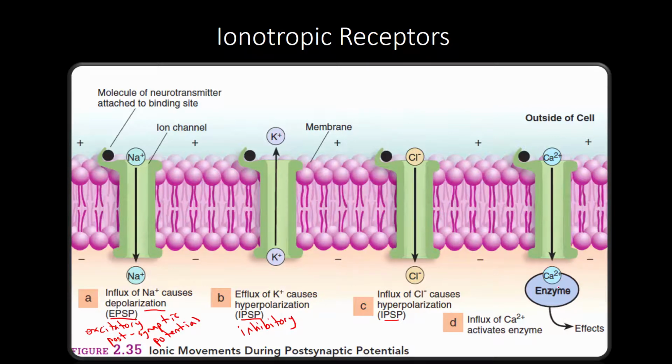But what does happen is we activate enzymes. Okay, so calcium comes in, binds to enzymes, loses its charge, and then causes other cellular effects. Okay? But even though I'm acting on enzymes and things like a GPCR does, this is still an ionotropic channel because calcium flows through the channel itself.